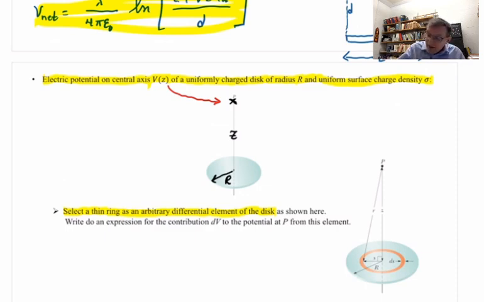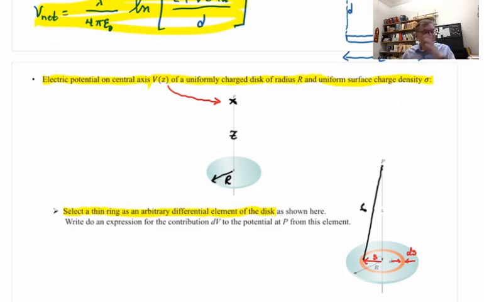It's got a radius, the ring does, s. It's got a thickness, ds. And it's just one of the many rings that you would need nested from the center out to the edge to make up the whole disk. But we've picked one of them arbitrarily, one of those rings. Notice that the distance from any point on that highlighted ring, they've drawn it from this left edge, but that distance is what they call little r.